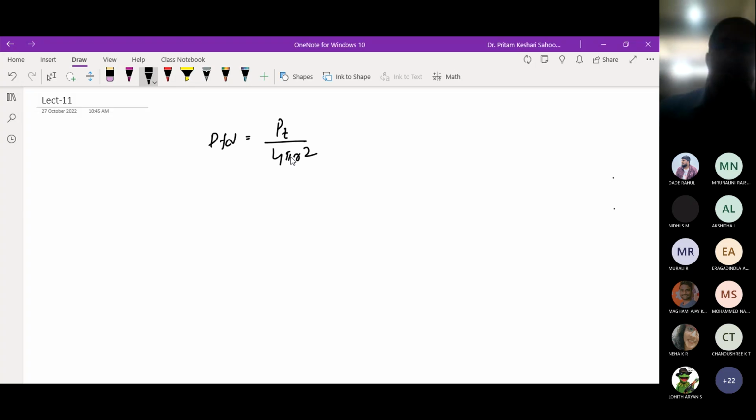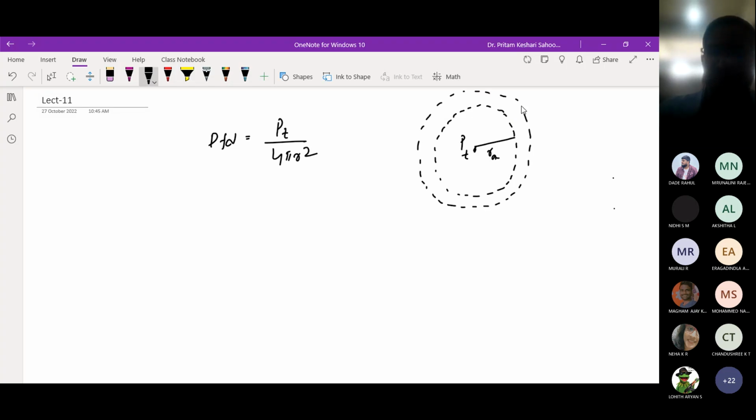And if we take two different points, suppose this is the source point from which some amount of power PT is generated. Now consider this is a sphere having a radius RA, and another sphere having a different radius, which we can take as RB.